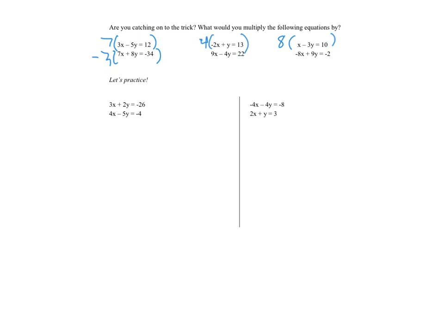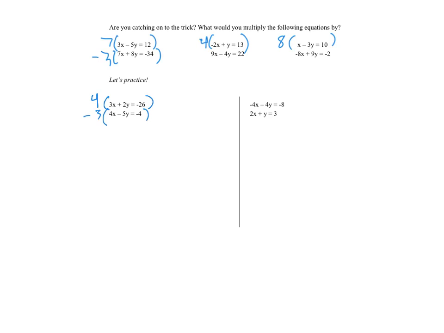All right, let's actually try another one of these. So I'm going to choose to cancel out my x's, so I want them to have the same number. So if we just multiply those numbers together, 3 times 4, we're going to multiply the top one by 4. And since they're both positive, I'm going to choose to make the bottom one a negative 3.